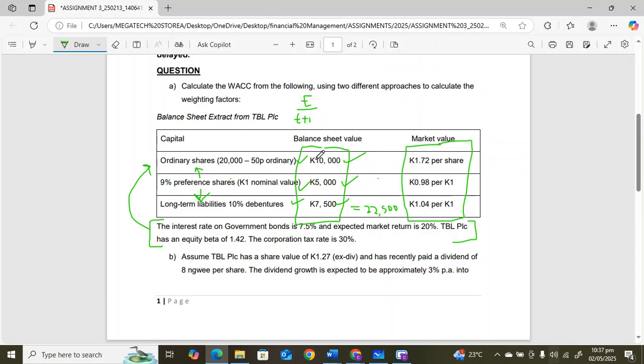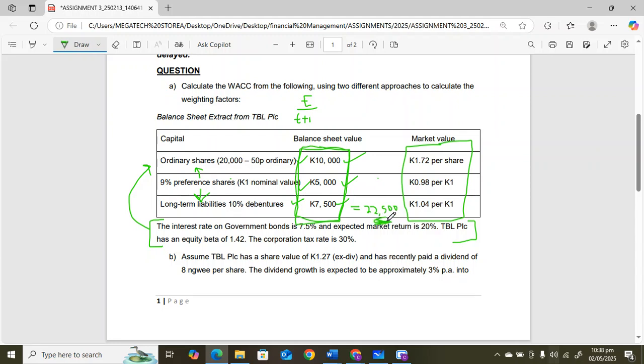We totaled, so this is how we got the weightages. We're using the book values, basically the balance sheet values. So what you do is you get the total amount raised from capital versus debentures. Okay, so we added 10 plus 5 plus 7.5. That's how we got 22.5.